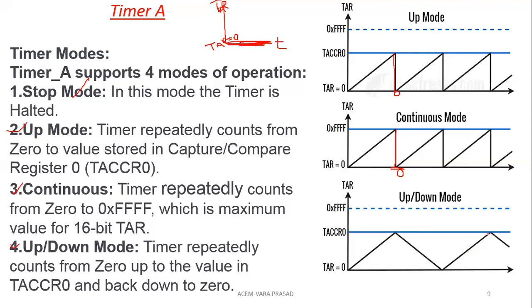Again it increases, again it decreases. So the first two diagrams look like sawtooth waveforms, and the up and down waveform looks like a triangle. Those are the four modes available in Timer A.